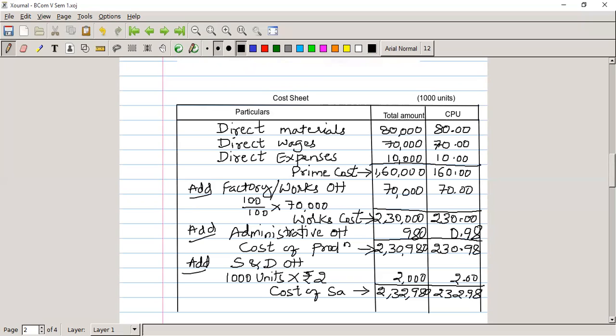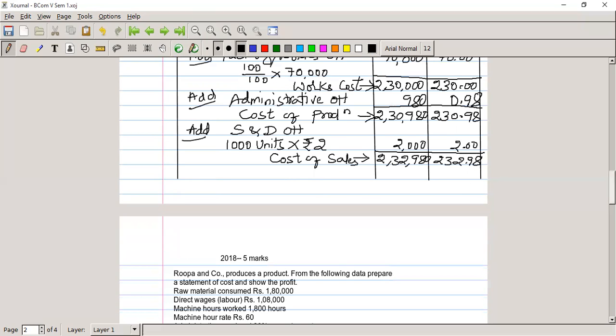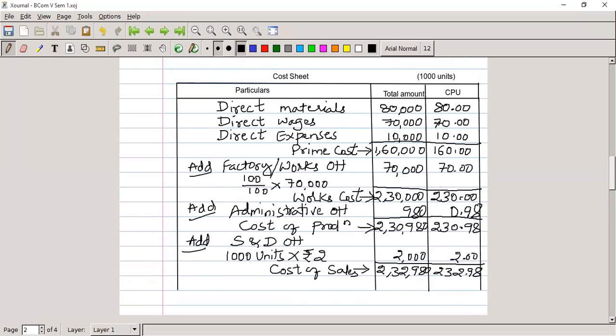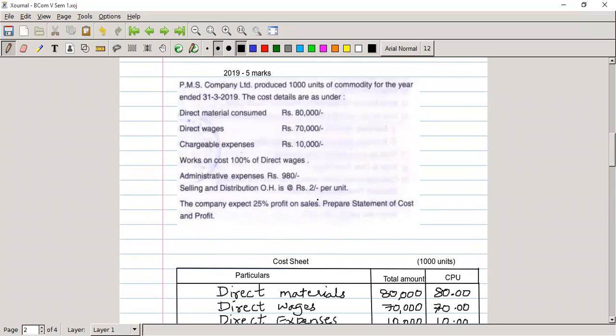So now let's see what's given in the problem. The company expects 25% profit on sales.